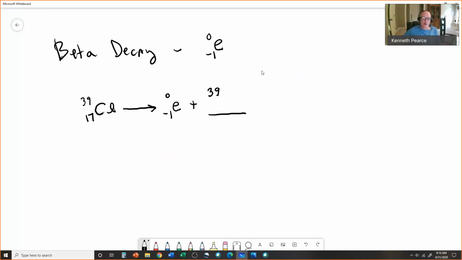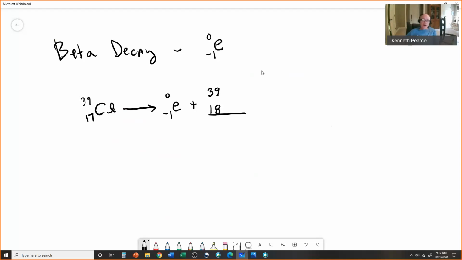Now, how about that bottom? Now, the bottom, you have to be careful, and it's real easy to mess up a beta decay, because you have to understand that minus means you're subtracting. And so it's a common mistake to say, oh, well, 1 plus 16 gives me 17. No, you're not adding 1, you're subtracting 1. So this actually becomes 18.